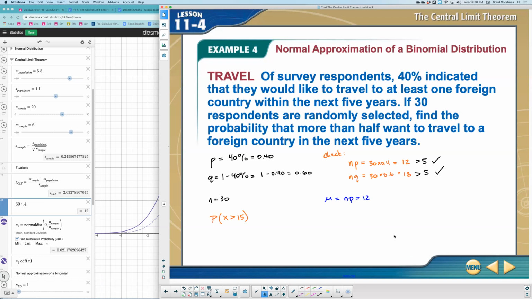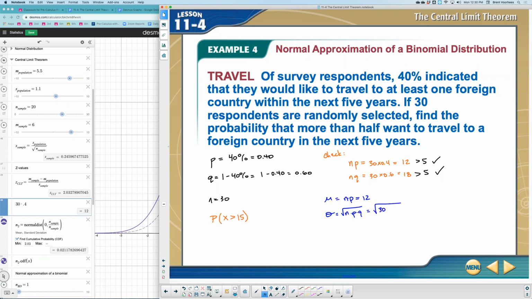Now let's talk about how you find the standard deviation. The standard deviation is found by taking the square root of n times p times q, which means this would be the square root of 30 times 0.4 times 0.6. Let me do this in parentheses, it'll look better.